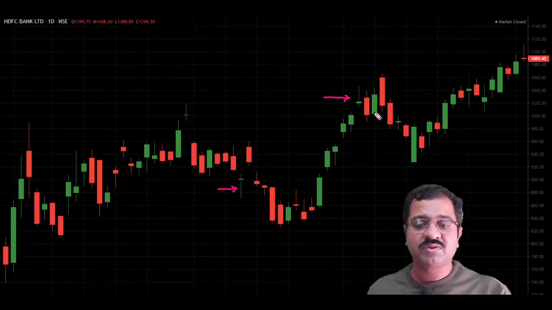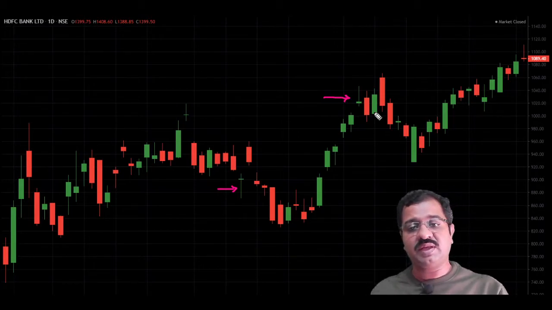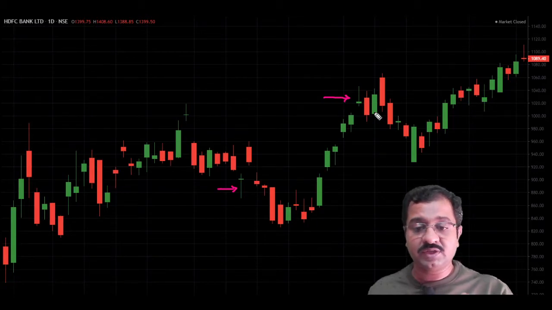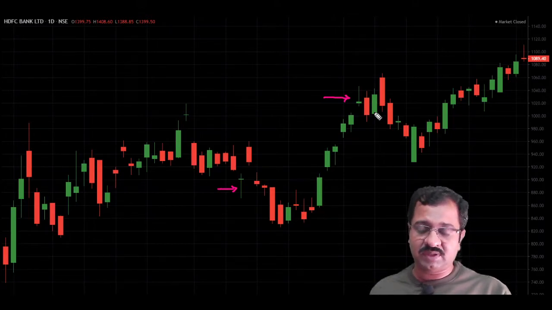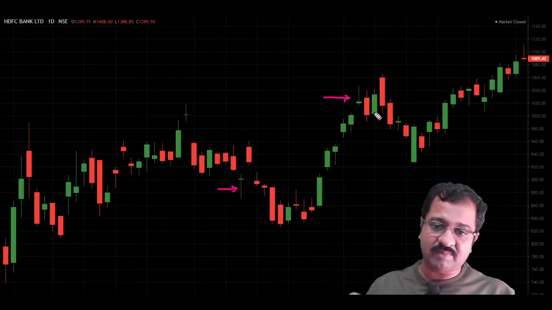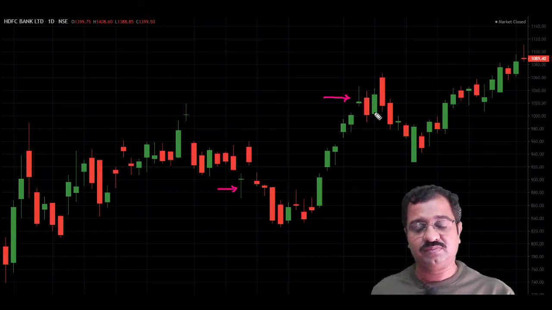Now the gravestone doji has good significance when it is formed at the top. It shows a probable reversal, because earlier the buyers had strength, but now when buyers tried pushing the price up, sellers came in and pushed the price down.